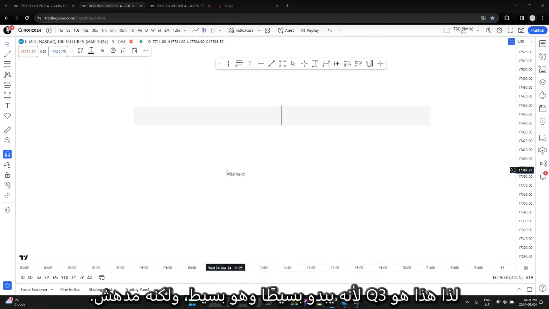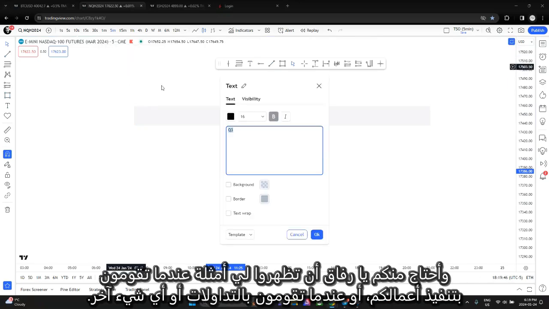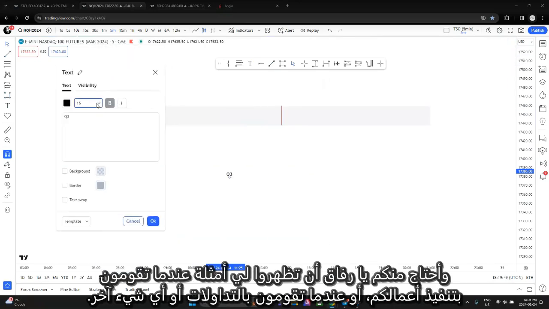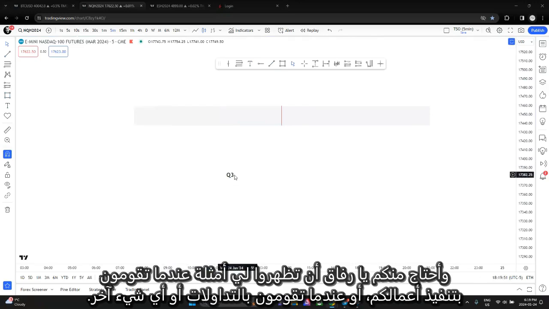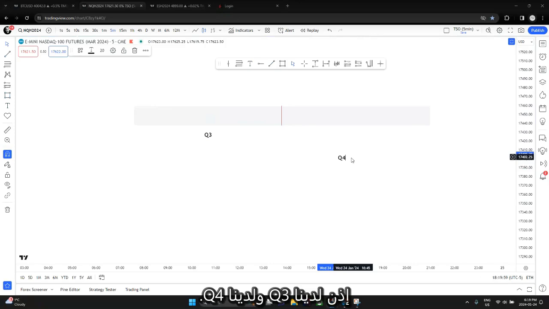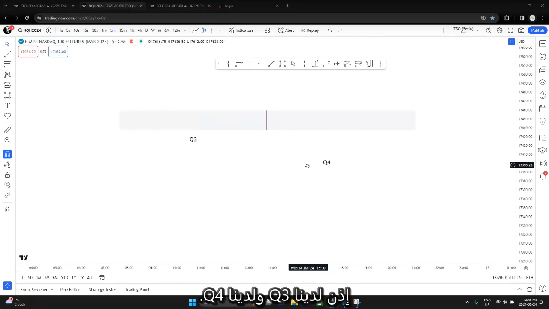So this is Q3, because it looks simple, and it is simple, but it's amazing. And I need you guys to show me examples when you do your executions, when you do your trades or whatever, right? So we have Q3 and we have Q4.